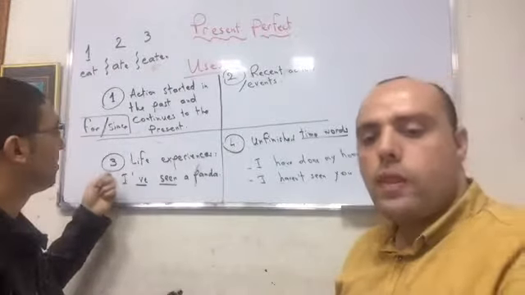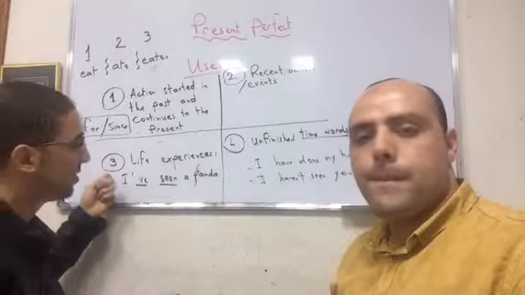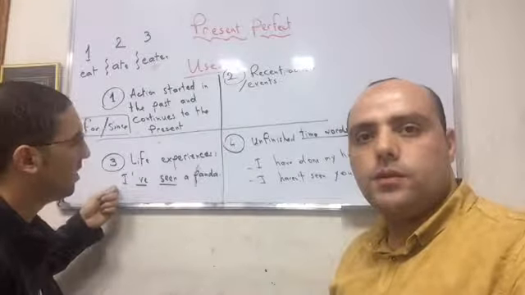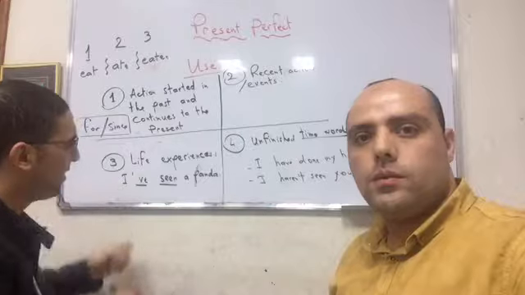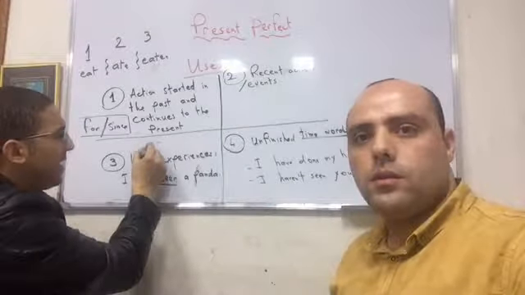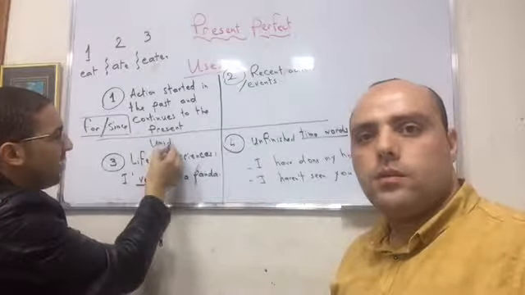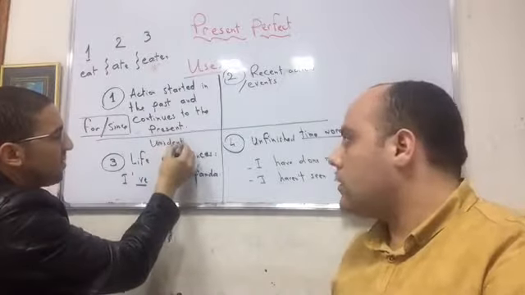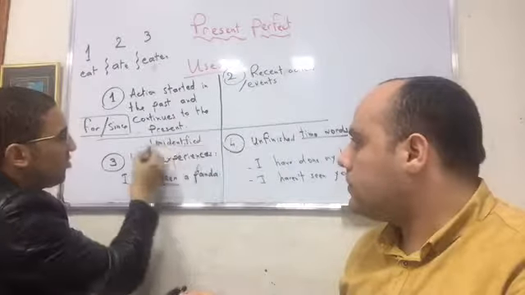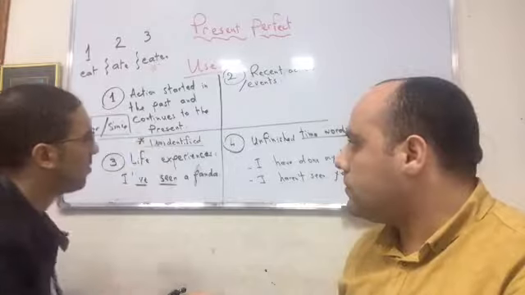And here, the third use is life experiences. This is what we're going to focus on. Things that he did in the past, and the time is unidentified. Remember this. We should point at something here.